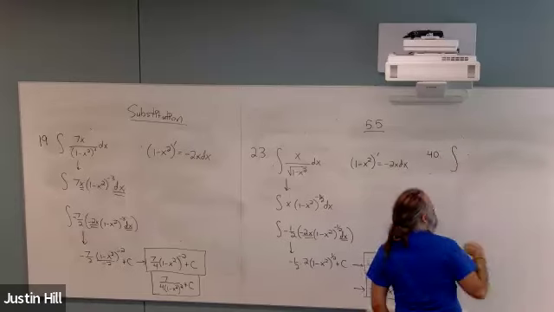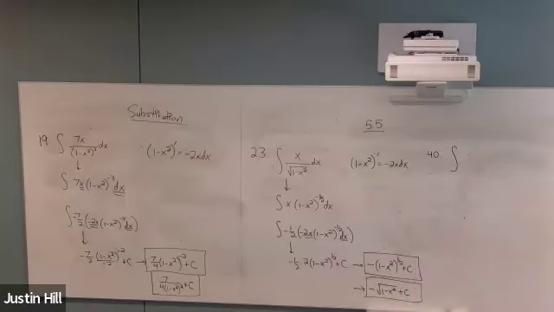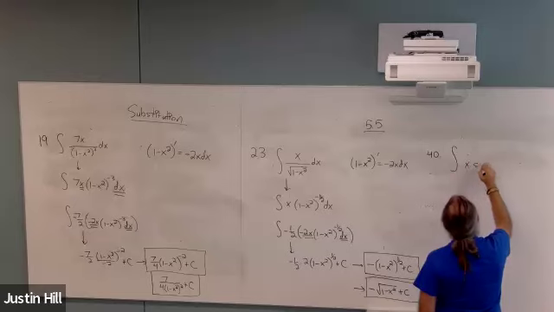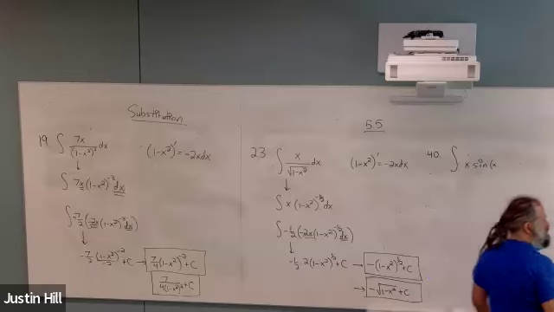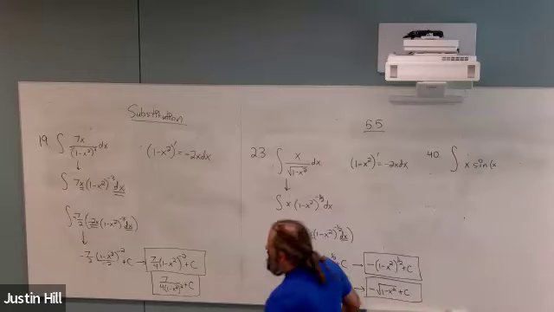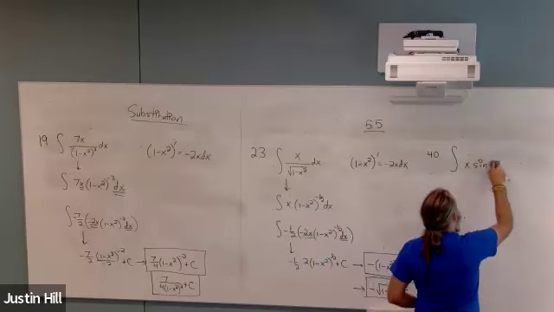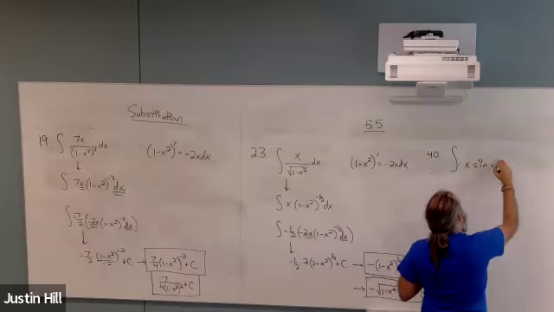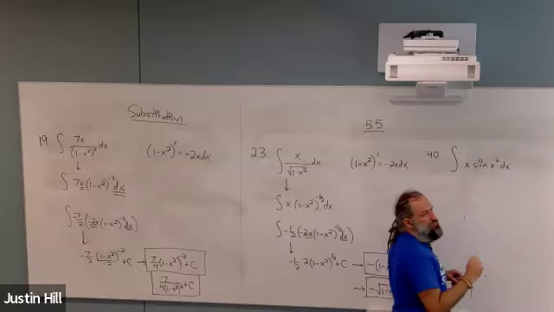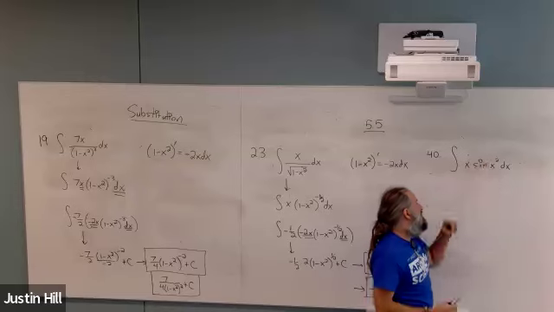This will be the integral of x sine of x squared dx, or they usually write it without the parentheses. So it's understood that if you're taking the sine of x squared, if this was sine squared, they would write it there.